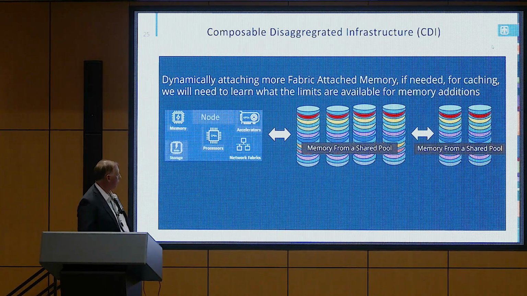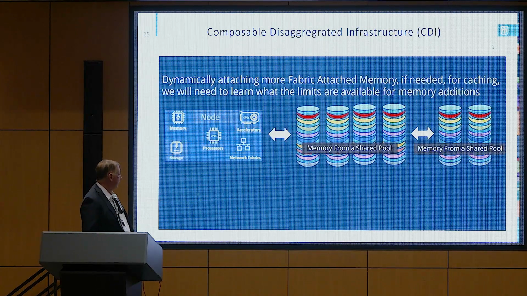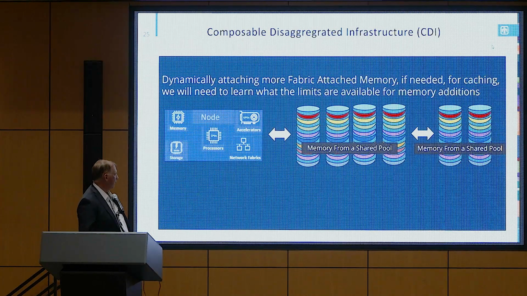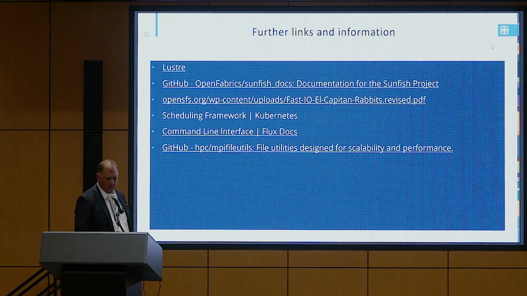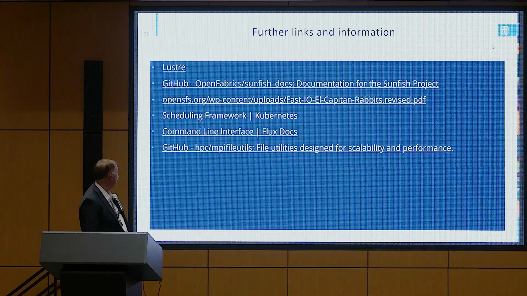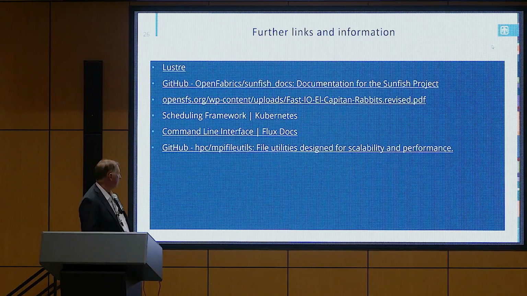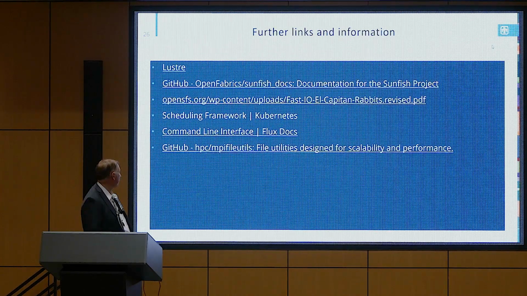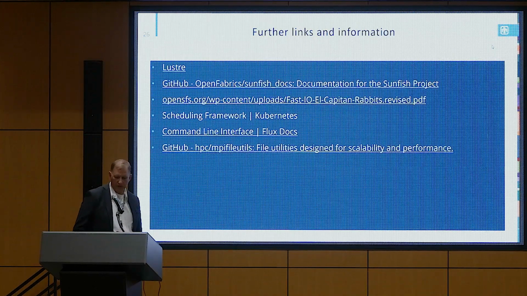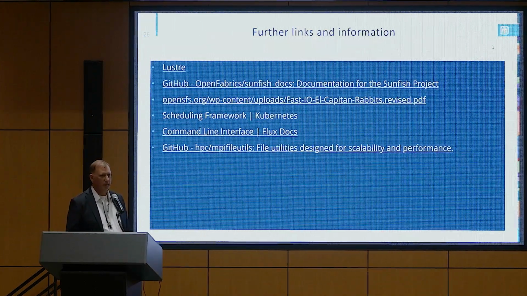I can add memory from the pools, spread out that file system a little bit, and then if I need to add more OSTs, I can add those in as well. Further work, some of the stuff's being done, some of it is in flight, and we're trying to build on some people's ideas here too. So, do you guys have any questions? I went through a little bit.